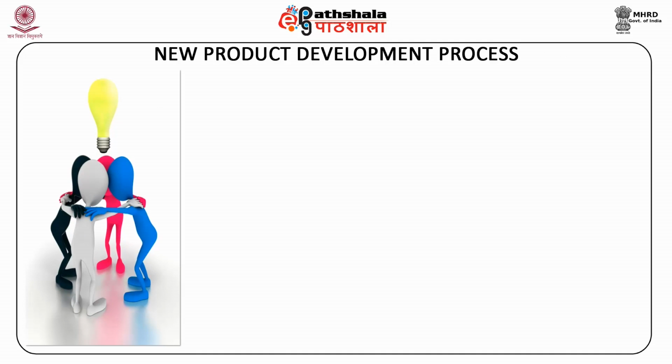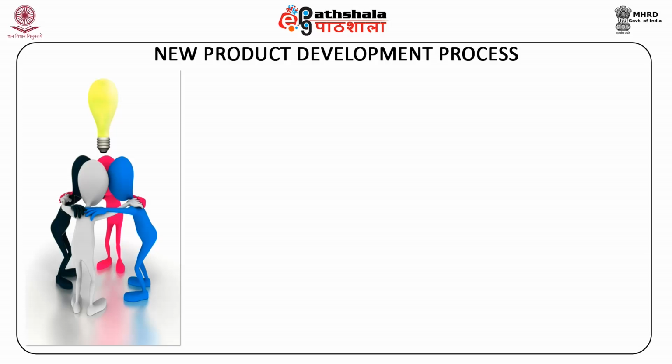As discussed previously, it is really difficult to come up with a new product idea, but it is equally important to first have something to sell, a product, a service, or an idea, and that something must be developed very carefully. There are certain stages through which every company has to go before arriving at the final product.